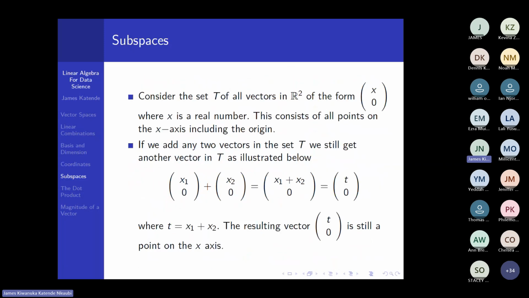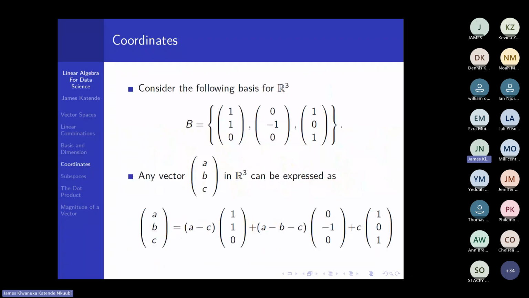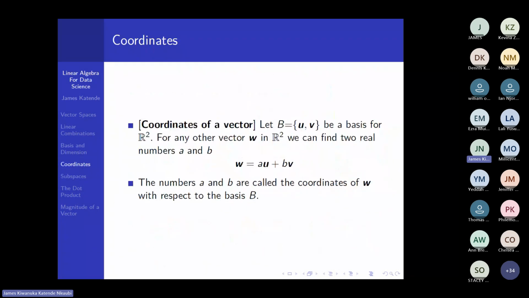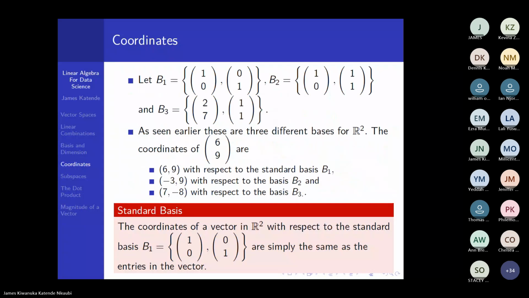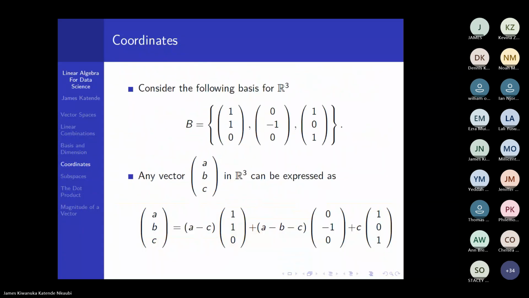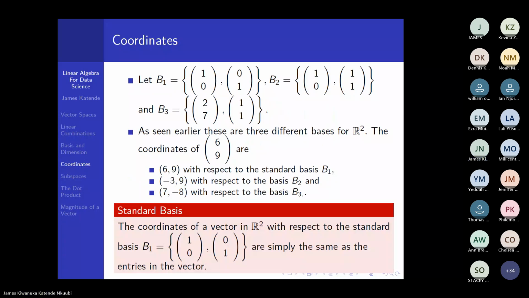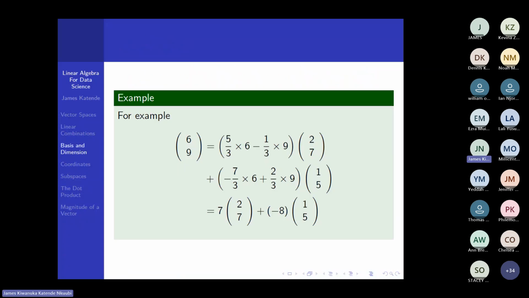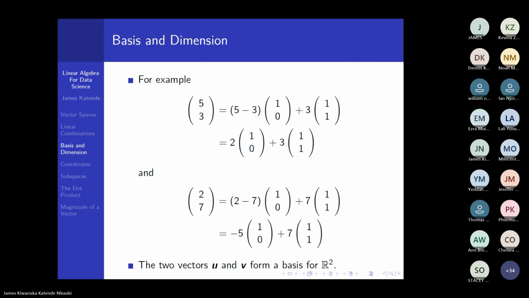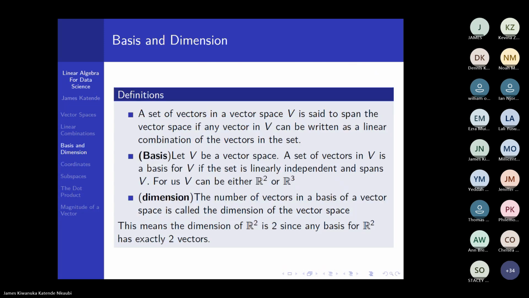See, like I said, we're trying to make sure you revise. Here is the definition of dimension. The number of vectors in a basis of a vector space is called the dimension of the vector space.